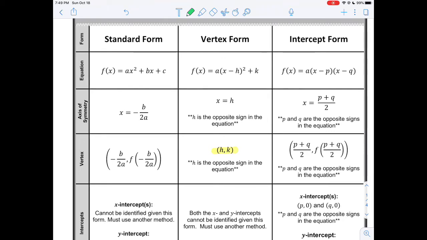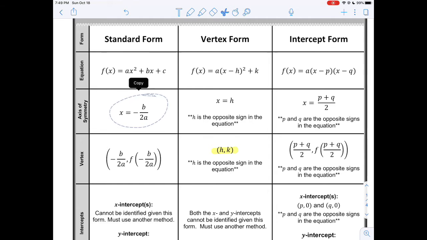Let's talk about standard form of the equation next. So standard form is in the format of f of x is equal to ax squared plus bx plus c, where a, b, and c are numbers. In order to find the axis of symmetry, we do have to do a small calculation. That calculation is that the axis of symmetry, that line, is x is equal to negative b over 2a.